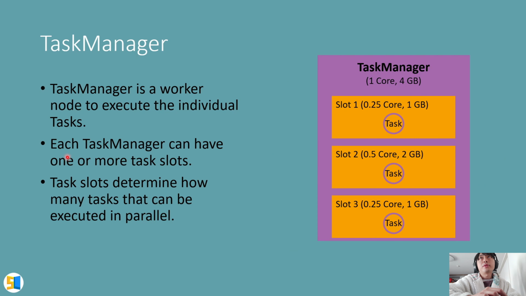Task manager. A task manager is a worker node to execute the individual tasks. So it's basically a worker node. Okay, and then each task manager can have 1 or more task slots, where task slots determine how many tasks can be executed in parallel. So for example, on the right, I have one task manager node.